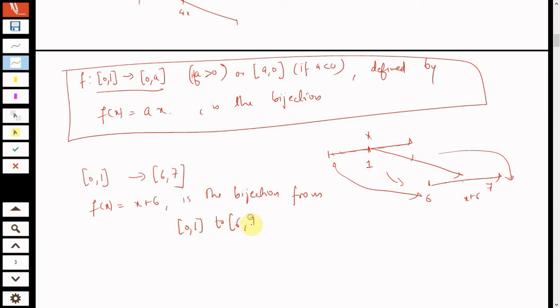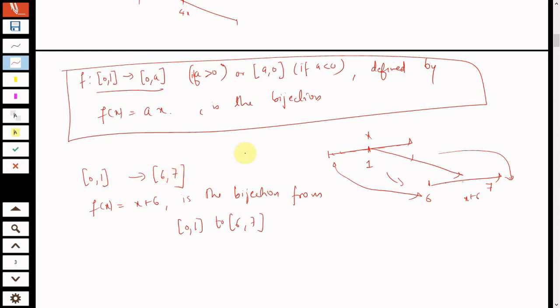Now if I combine both of these, you can generalize this. 0 comma 1 to any interval having length 1, this would work. But say I want a bijection from 0 comma 1 to 6 comma 10.